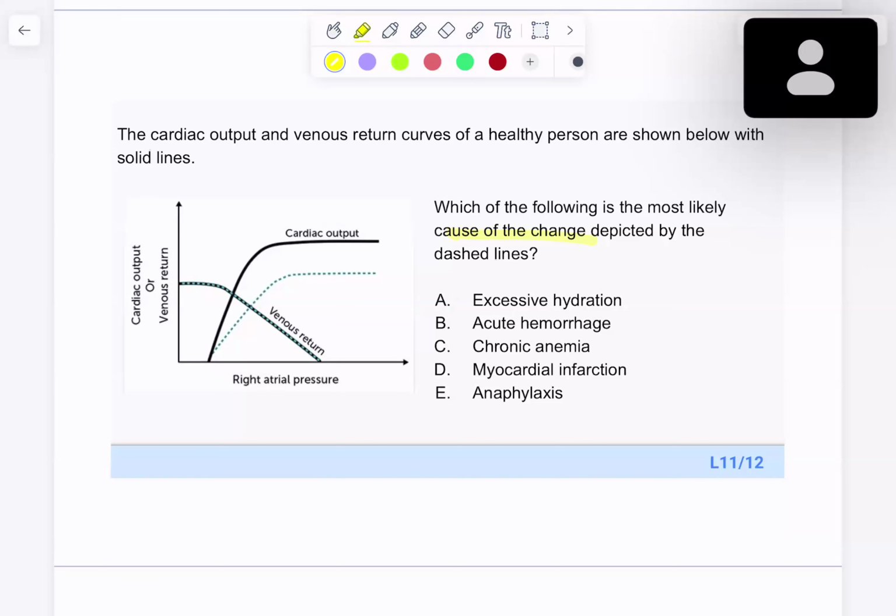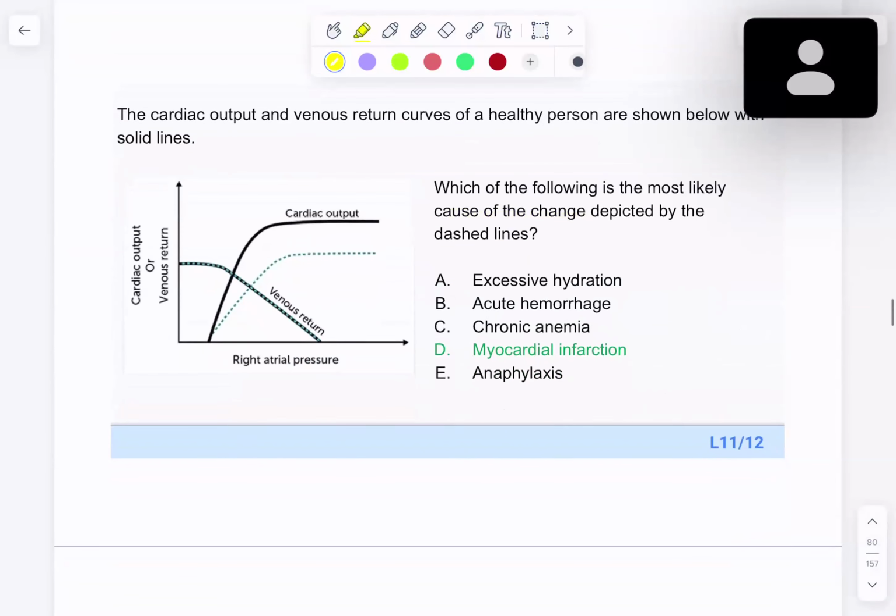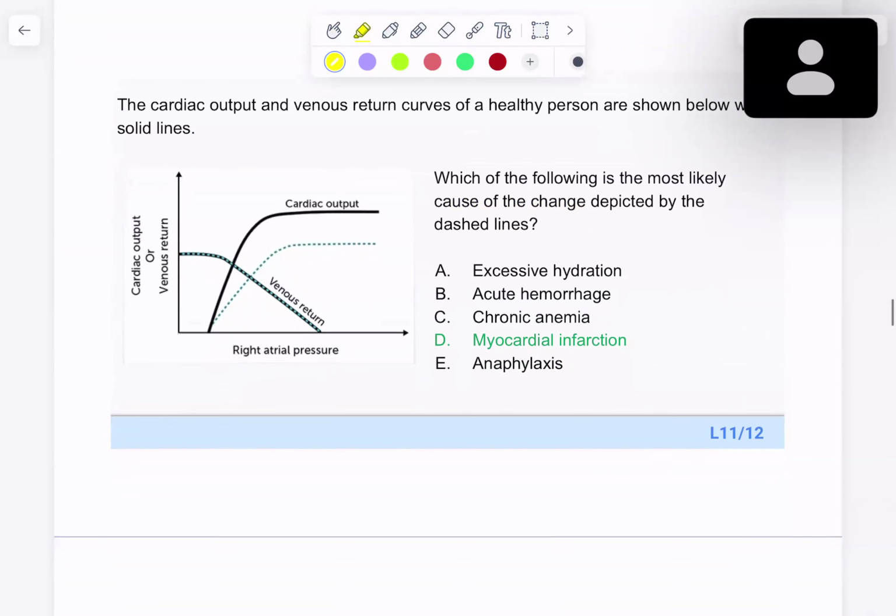You're all saying D, and that is indeed correct. Myocardial infarction caused the cardiac output to decrease. Myocardial infarction just means that part of your heart died. When part of your heart dies, your heart cannot pump as much as it could before. And so that will decrease the cardiac output.